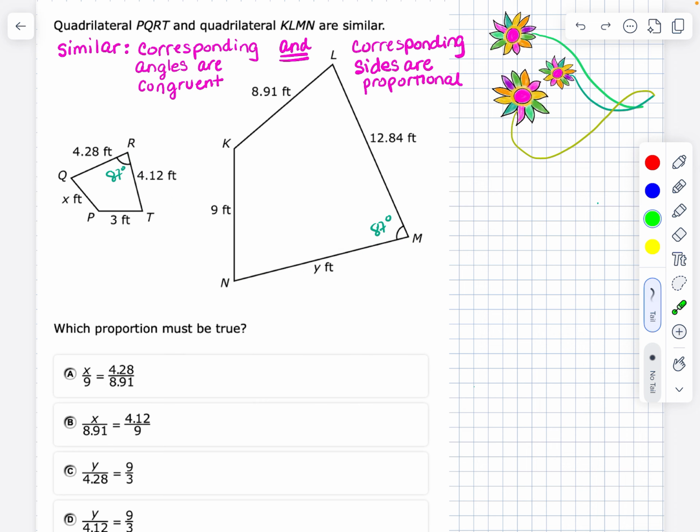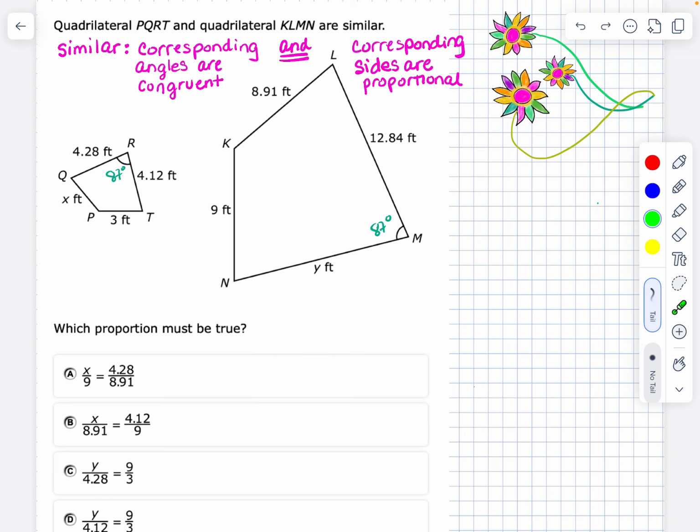And then I can do that with every single corresponding side on here. So the next one would be, say, 3 and 9 here. So you might be able to see this right away. If I multiply 3 times 3, I'm going to get this. So that's going to be my rate for each of these sides. So I can multiply each of these by 3 and get the corresponding side.